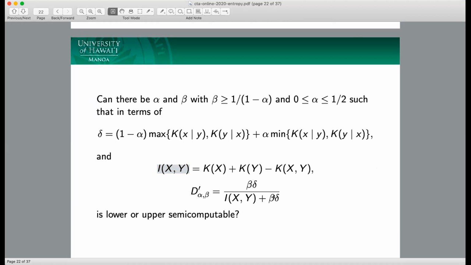And then we define this function analogously. Now we know that Kolmogorov complexity is upper semi-computable, because as you find more and more descriptions, you can approximate the complexity from above. So any expression involving this K of x, you might hope it should be lower or upper semi-computable. On the other hand, if K appears in several places, you wouldn't really expect it to happen.